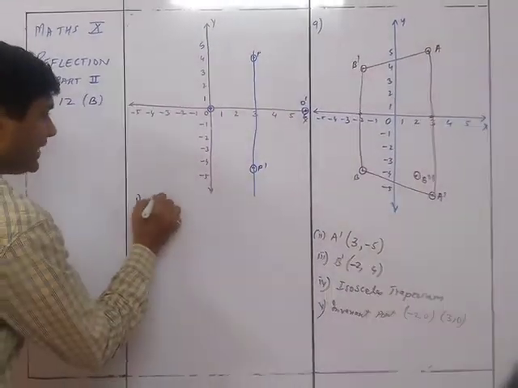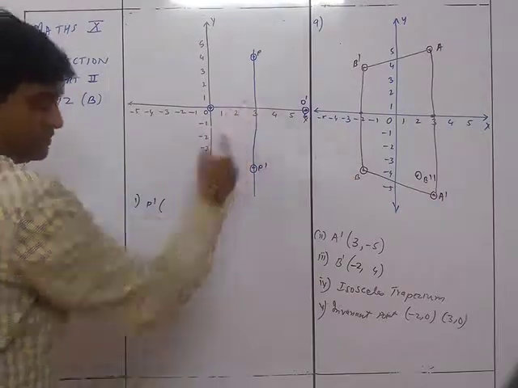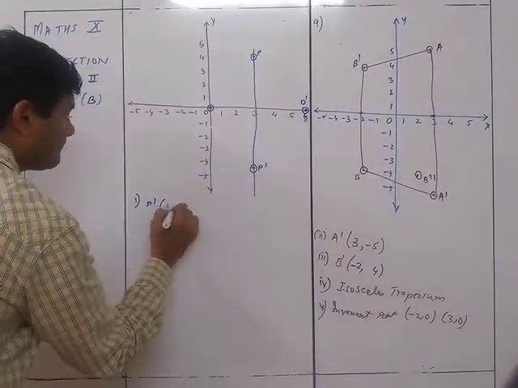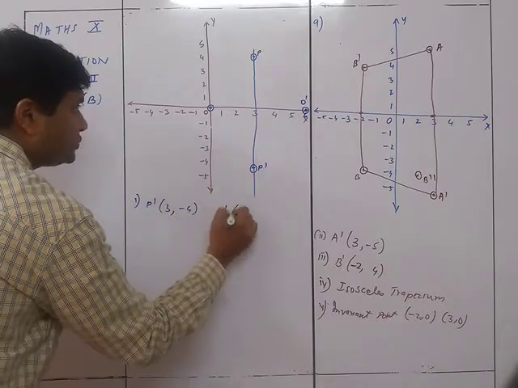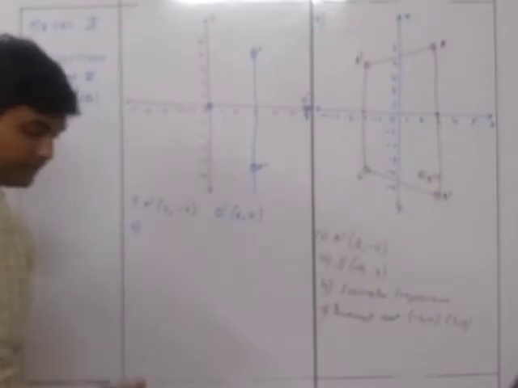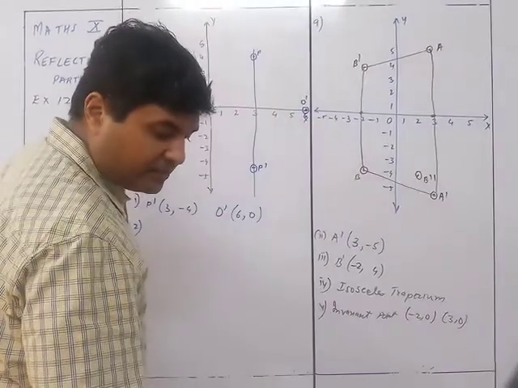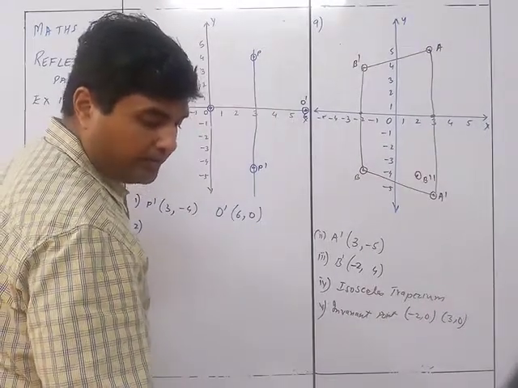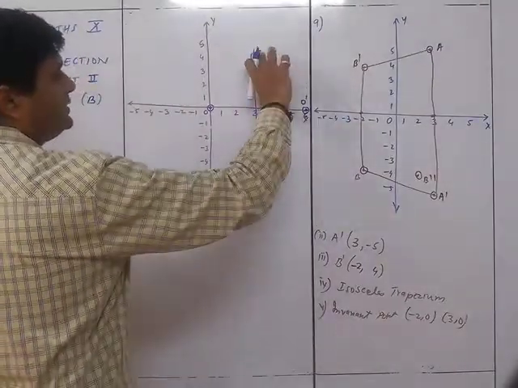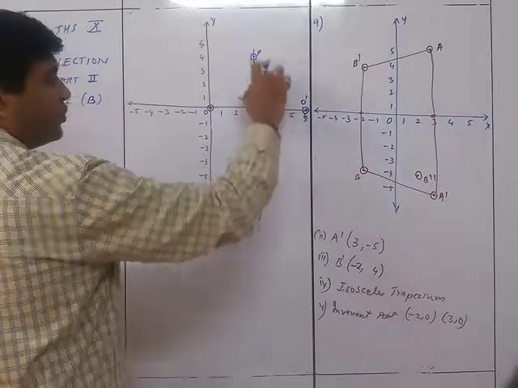So first, P dash is going to be 3, -4 and O dash will be 6, 0. Second thing, the length of the segment O P dash and O dash P dash will be, this is 4 centimeters and this is 4 centimeters, so 4 plus 4, 8.